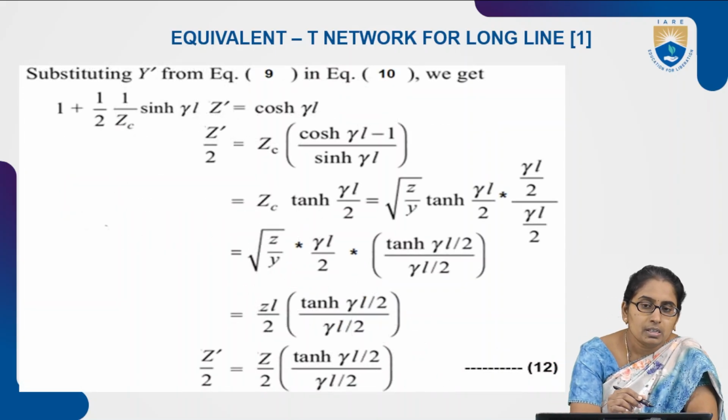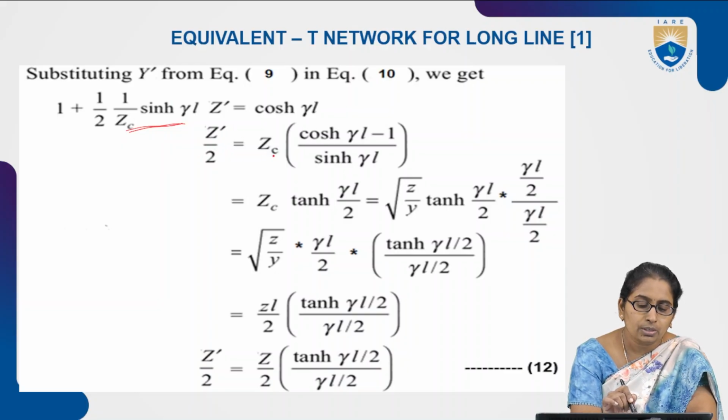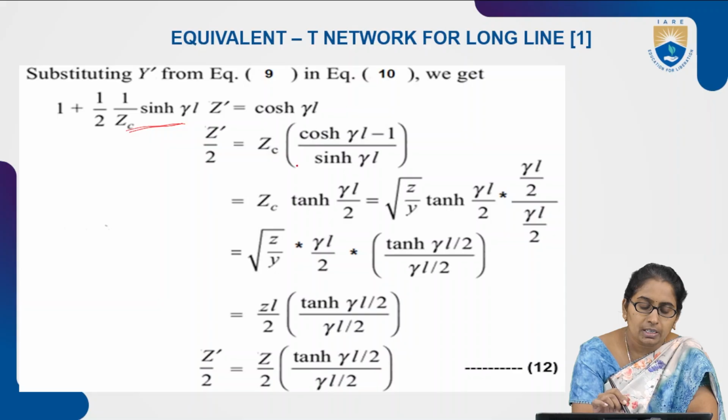Now from equation 10, substitute for Y dash. Writing the remaining things to the other side, Z dash by 2 is equal to Zc into cosh gamma L minus 1 by sinh gamma L. Again from the knowledge of basic mathematics, solve it.